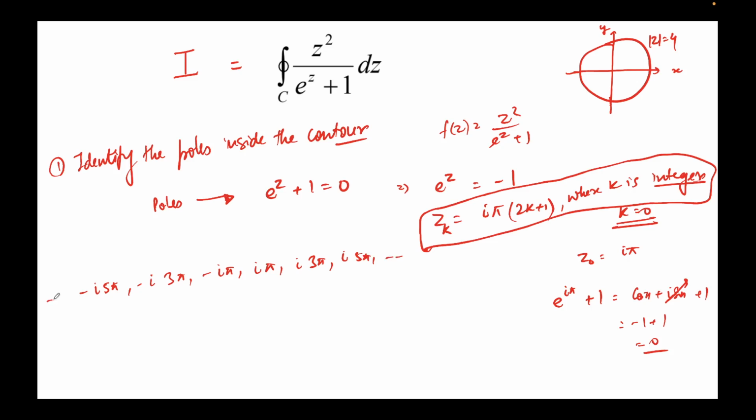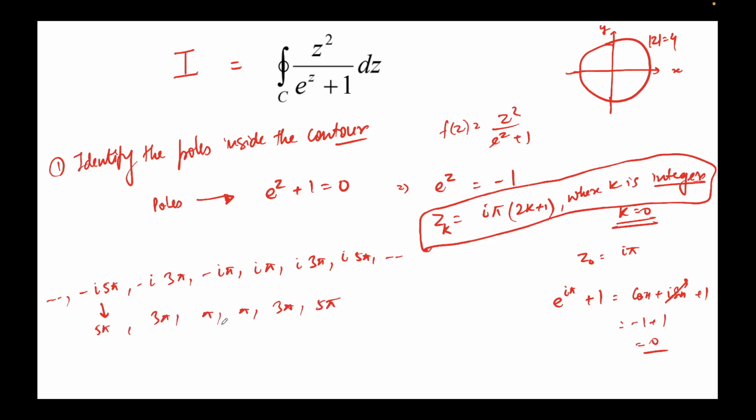Note that we are interested only in the contour up to z equal to 4. Now let me write their magnitudes correspondingly: 5 pi, 3 pi, pi, 3 pi, and 5 pi.